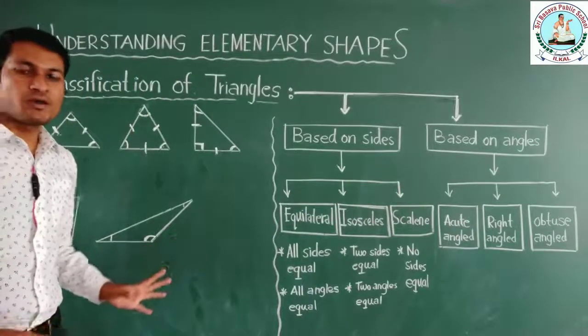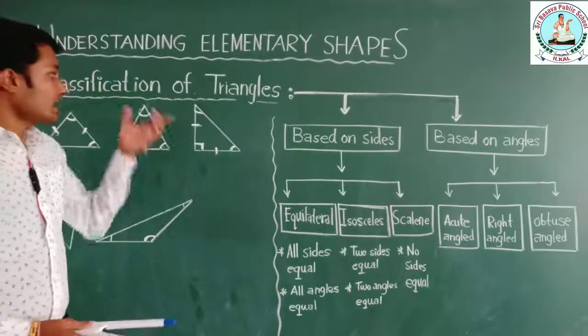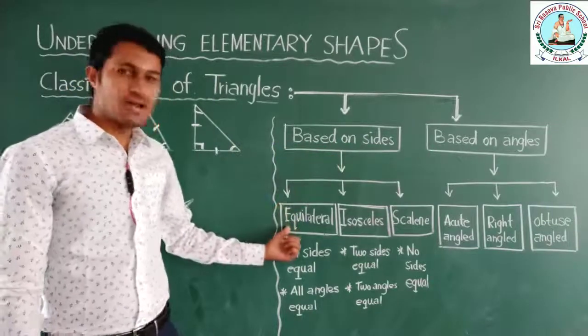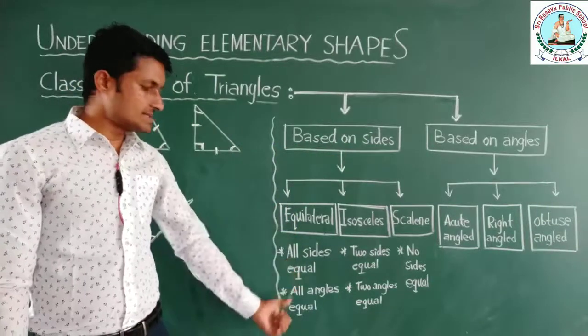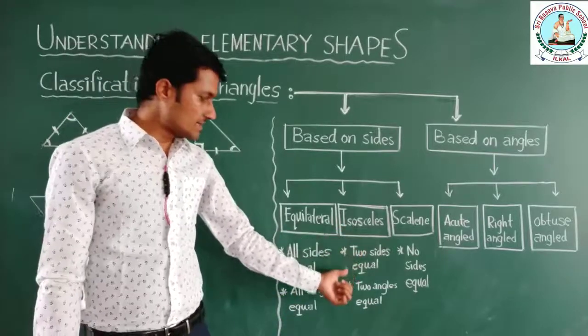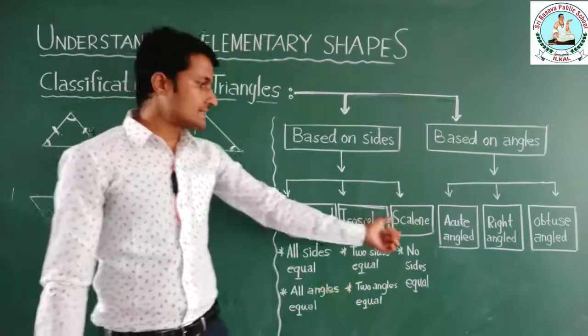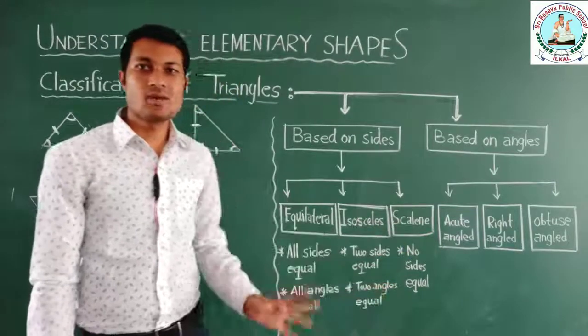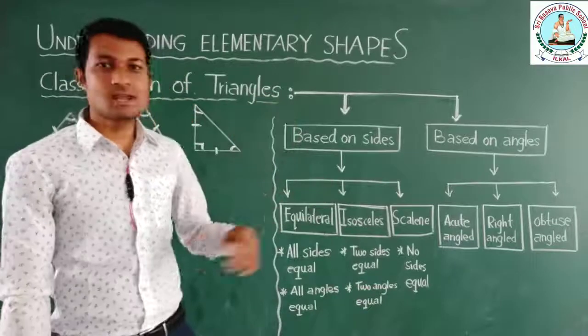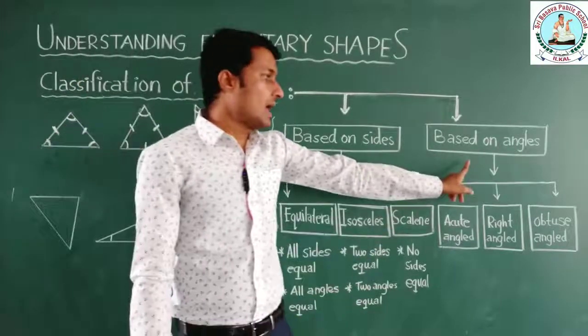So on the whole, we can classify triangles based on sides as equilateral, where all the sides and all angles are equal; isosceles, where only two sides and two angles are equal; and scalene, where all the sides are not equal and all the angles are not equal. Triangles can also be classified based on angles.